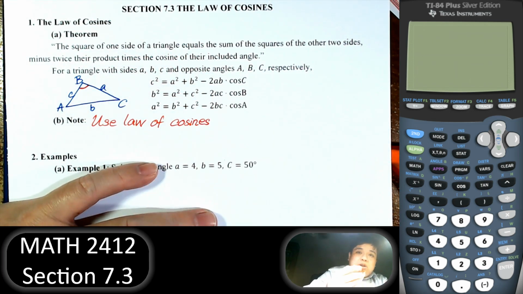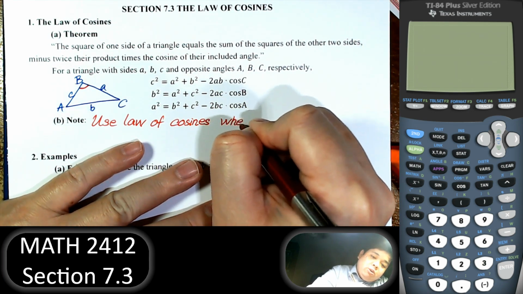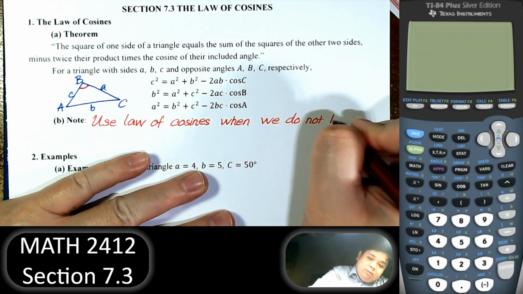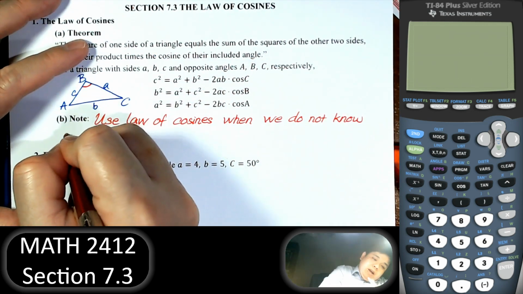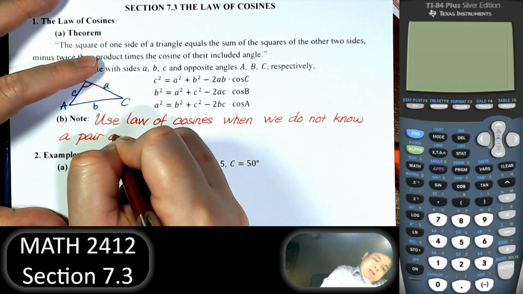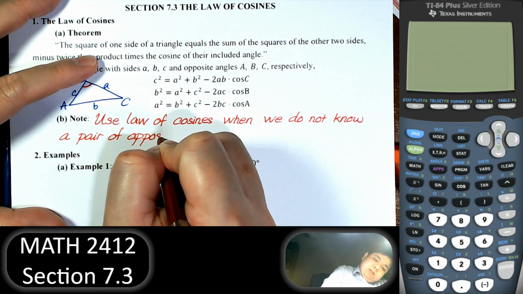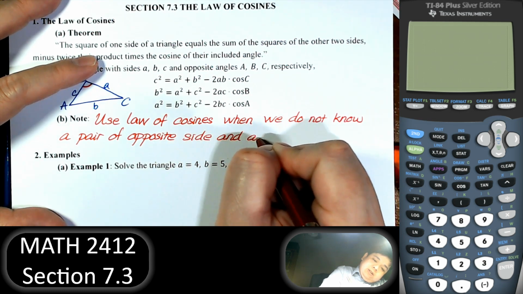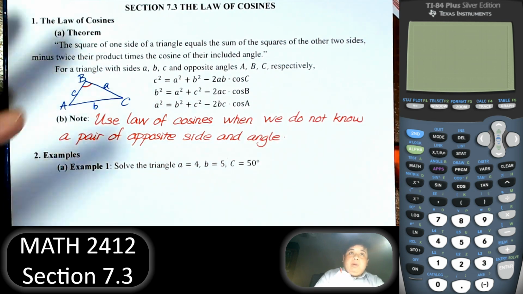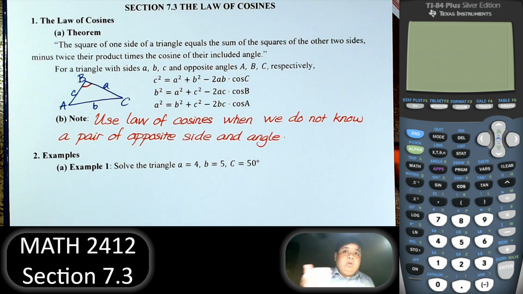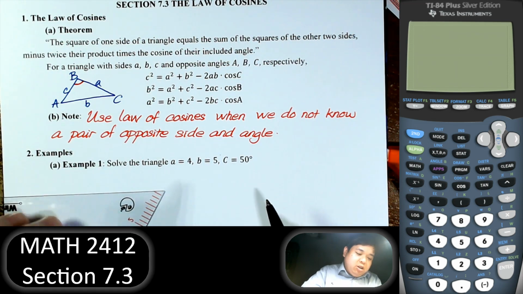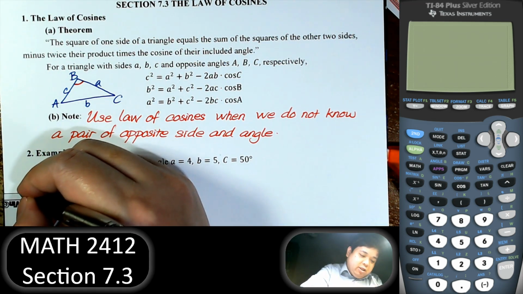In particular, we use the law of cosines when we do not know a pair of opposite side and angle. If we do know a pair of opposite side and angle, use the law of sines. If we don't know, use the law of cosines. Of course, let's draw a summary table first.